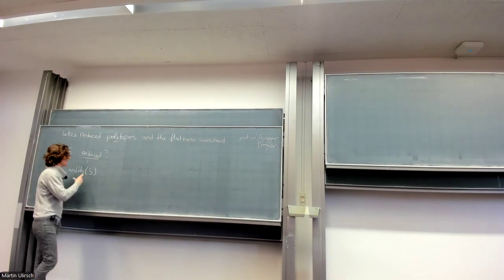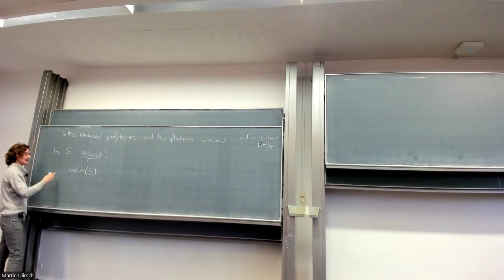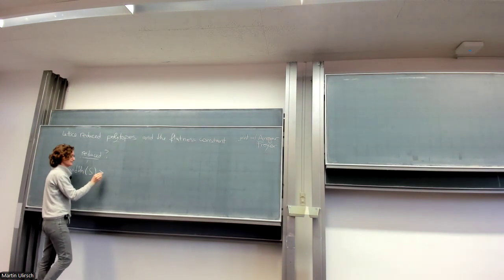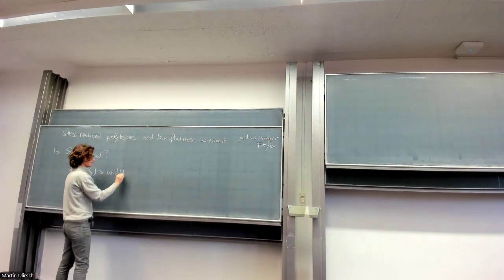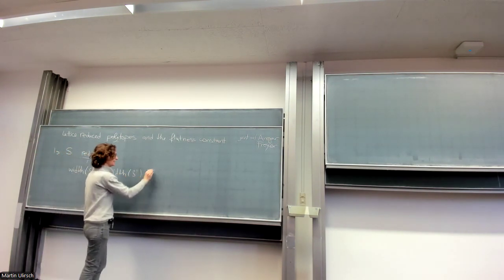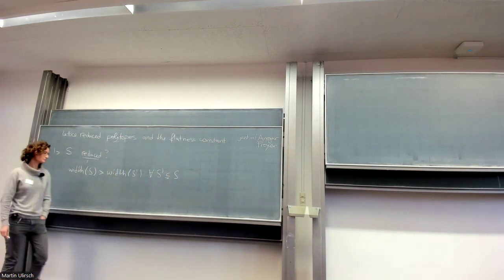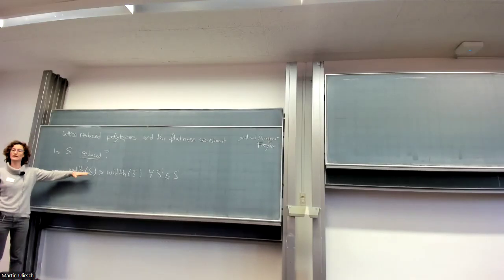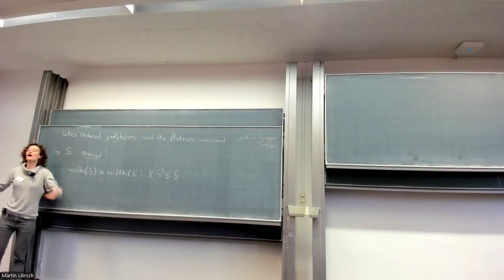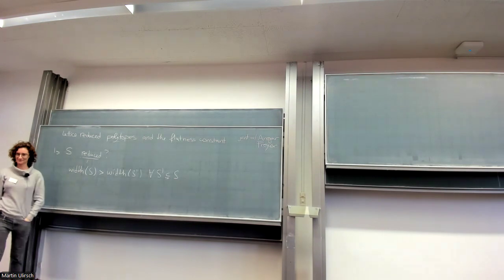We'll get to that. And being reduced means that the width of S is strictly larger than the width of S prime for any S prime strictly contained in S. So it's inclusion minimal with this quantity that's attached to your object, the width.